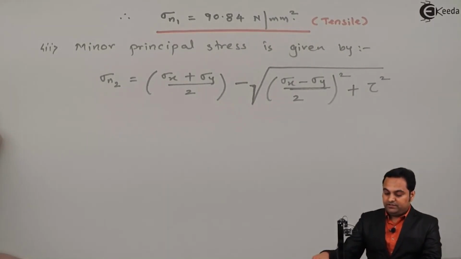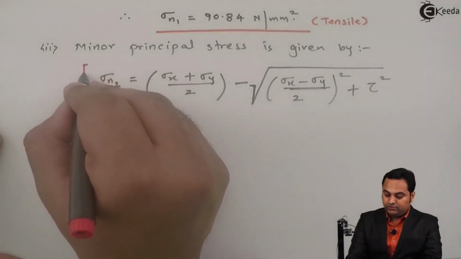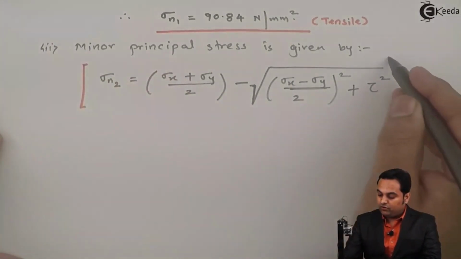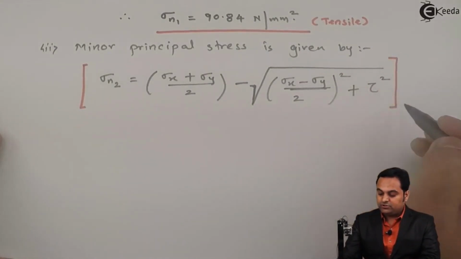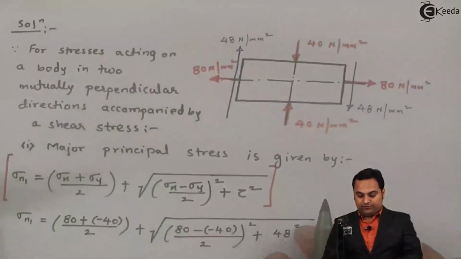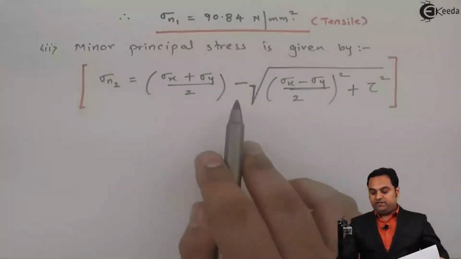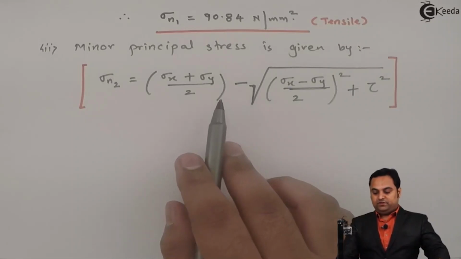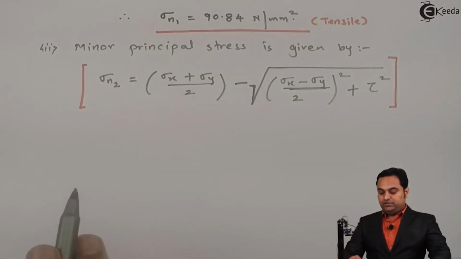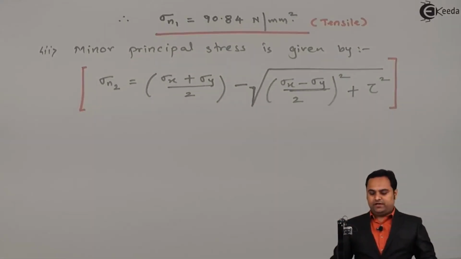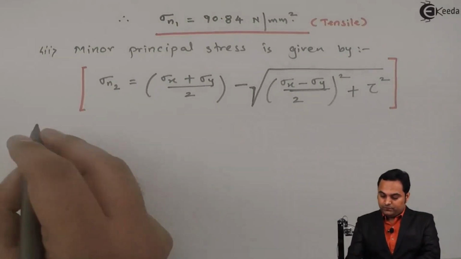So this formula is similar to the one we have seen for major principal stress. The only difference is that in major principal stress we had a positive sign, here we have a negative sign. Now we will put the values in this formula.